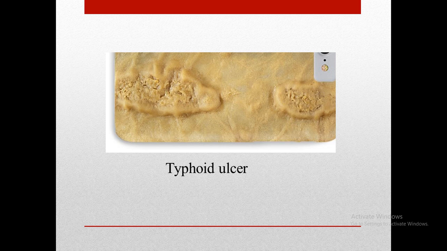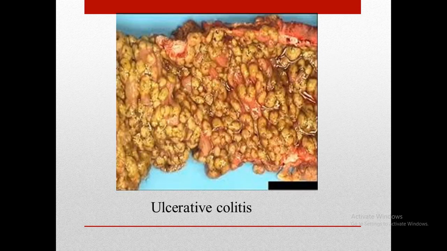To differentiate it from tuberculous ulcer, the long axis of the ulcer in TB is perpendicular to the long axis of the small intestine, while typhoid ulcer is the same as the long axis of the ileum. This is typhoid ulcer.